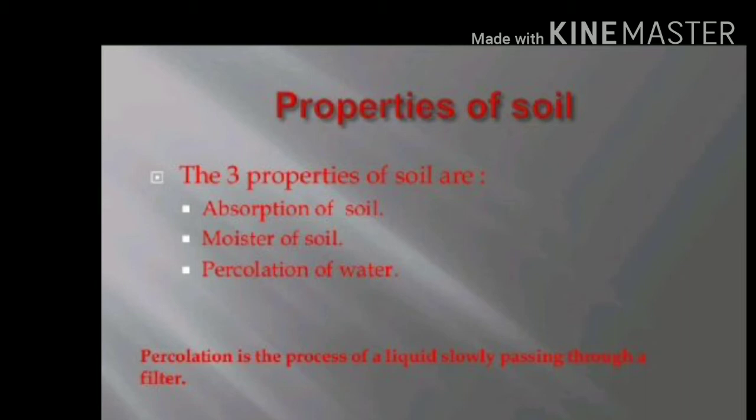So the rate of percolation is equal to 200 ml divided by 20 minutes, which is equal to 10 ml per minute. Calculate the rate of percolation in your sample, compare your findings with the others, and arrange the soil samples in increasing order of the rate of percolation.